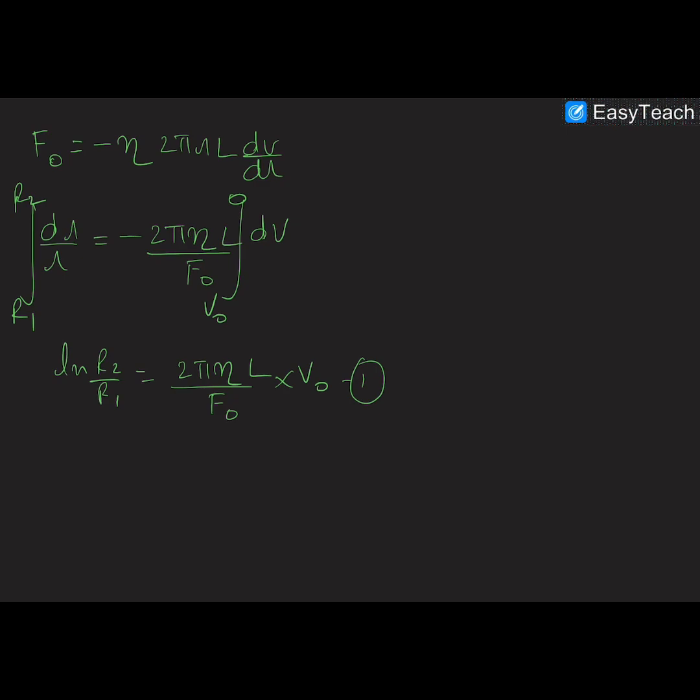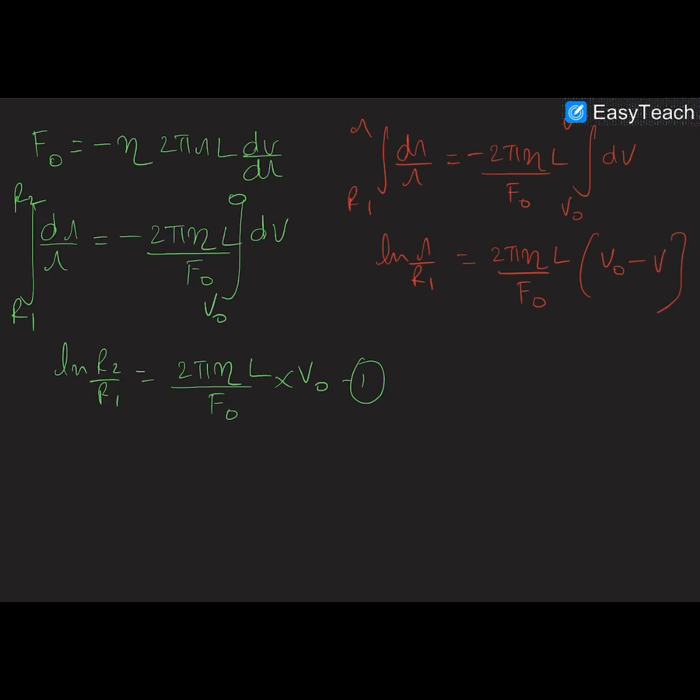Now if we apply the limit of dr by r from r1 to r, and here it would be 2 pi eta L by F naught, and the limit will be from v naught to v. So it would be ln r by r1, and this will be equal to 2 pi eta L by F naught, and this will be v naught minus v.